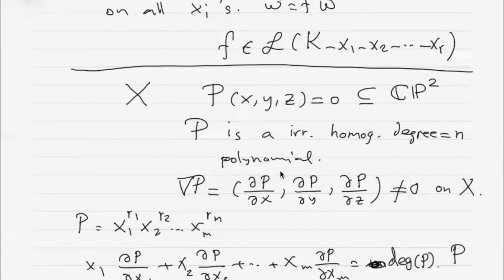The degree of p here is r1 plus r2 plus rn. So in other words, if you have a point where all these partial derivatives vanish, then p also must vanish. But that's an important issue.